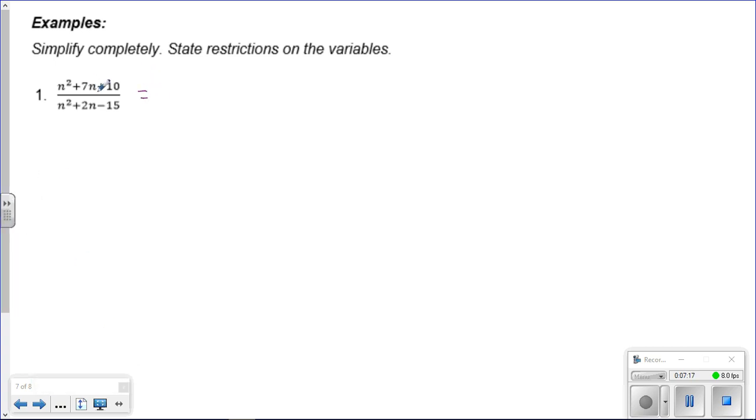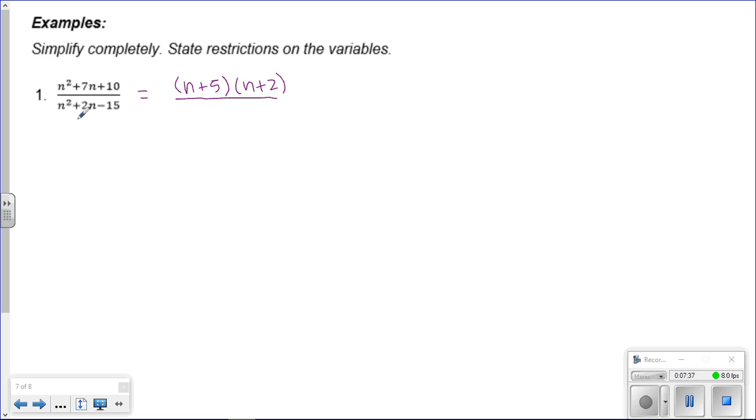So we're going to factor everything we can. So I'm going to take n squared plus 7n plus 10, and I'm going to factor that. This is simple ABC. So I'm thinking two numbers that multiply to 10 and add to 7. So hopefully you can do that in your head. I have n plus 5 times n plus 2.